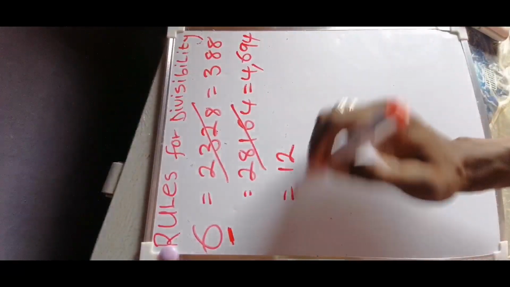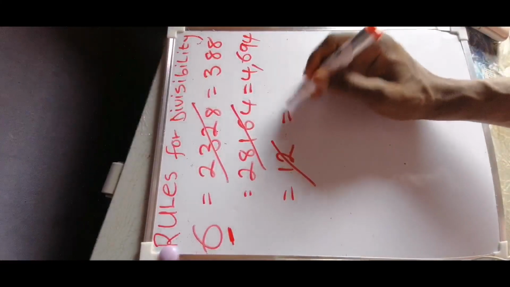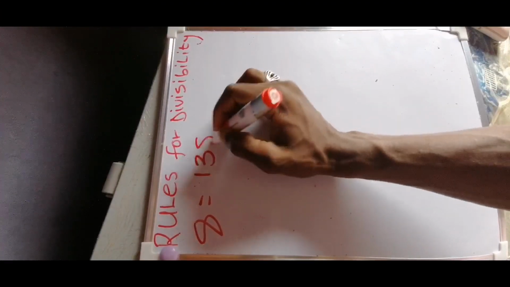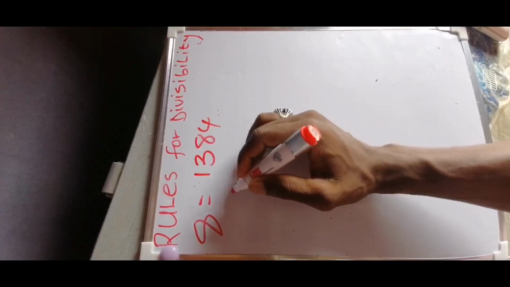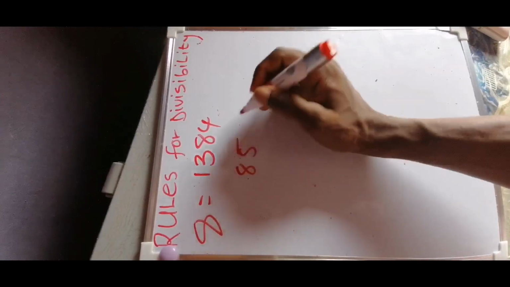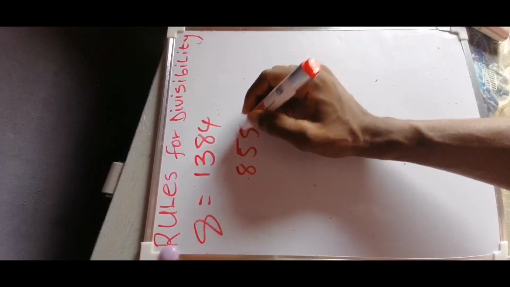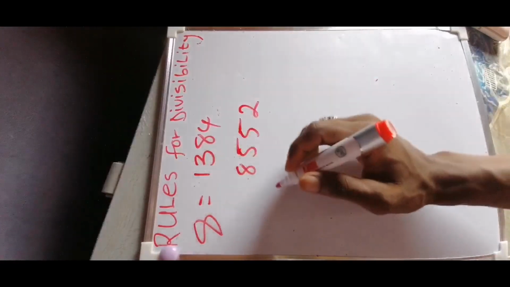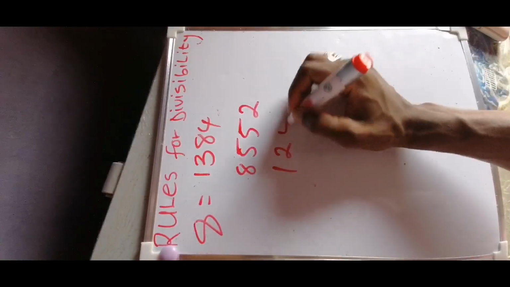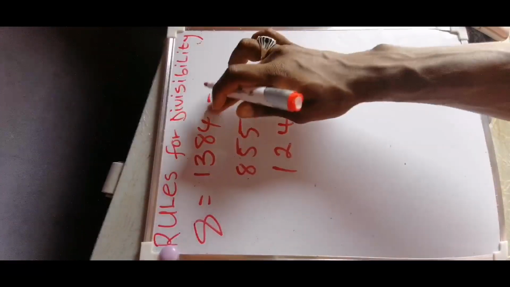Again, 6 into 12 definitely is 2. 1,384. We have 8,552. 1,248 equals to.